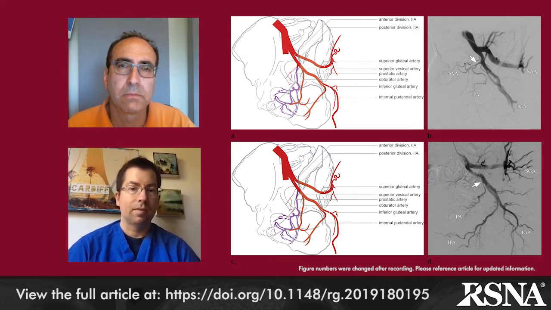The most common, 31.1% of the time, was an origin from the internal pudendal artery, then the superior vesical artery in 28.7%, and the obturator artery in 18.9%. The gluteal-pudendal trunk occurred in 14.7%, and then there was a list of other less common origins.